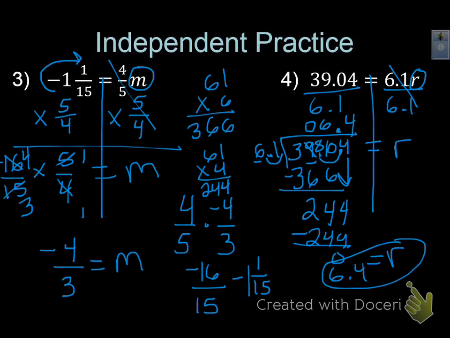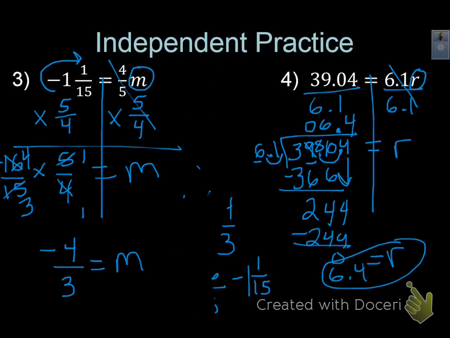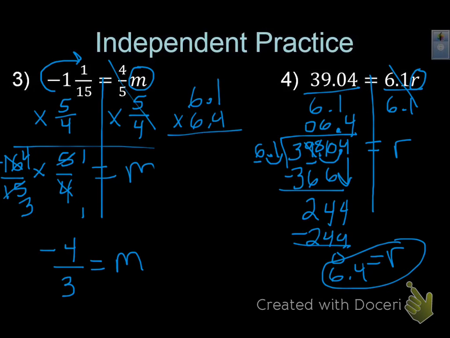Now, just like usual, I do want to check that answer. I'm going to erase some work in the middle here so I have the space to do that. I need to do 6.1 times 6.4 in order to check that answer.